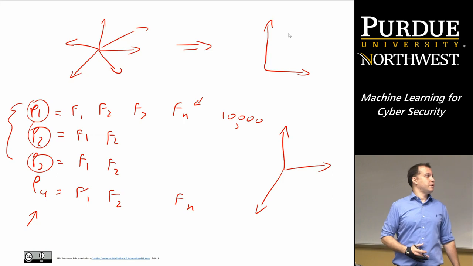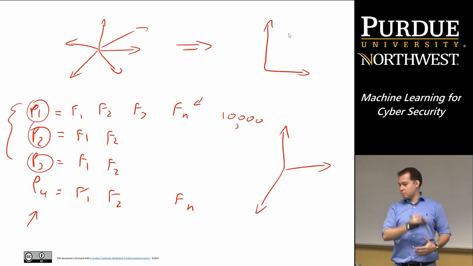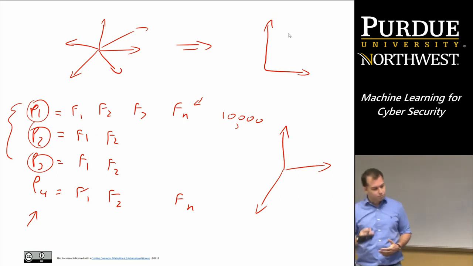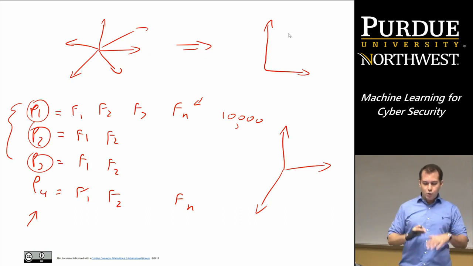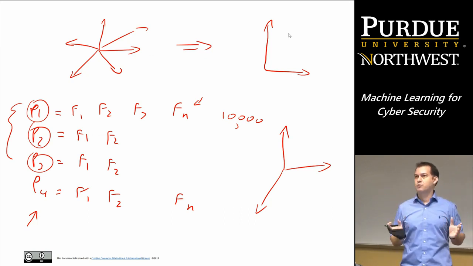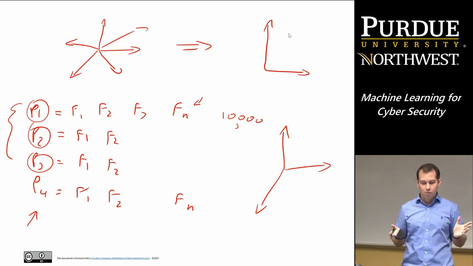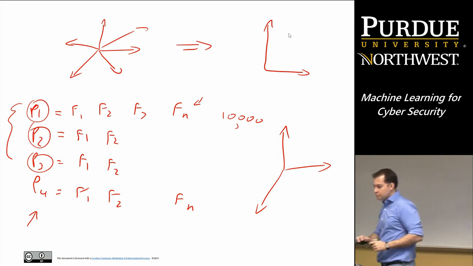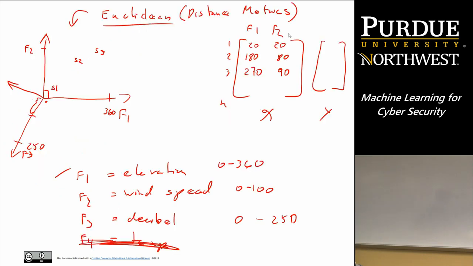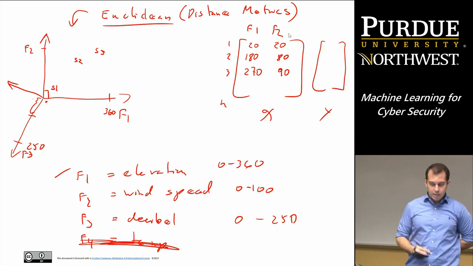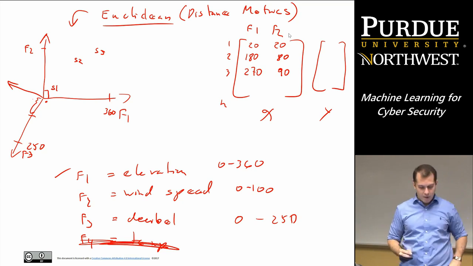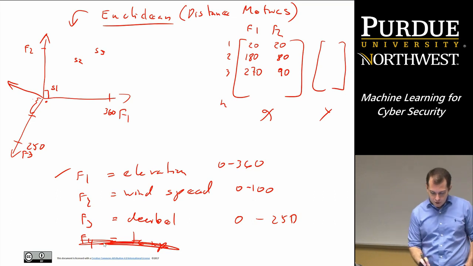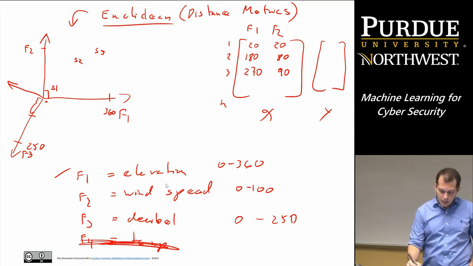Right. So as I was saying, machine learning is linear algebra, right? So it's a lot of that linear algebra. And so you want to think in terms of the vector space model. This is one of the most important concepts in this whole class. All right. So now I'm going to go back here. So this is what I was doing. I'm creating, his problem, the distance metric, or the radio signal detection. I have some features, elevation, wind speed.